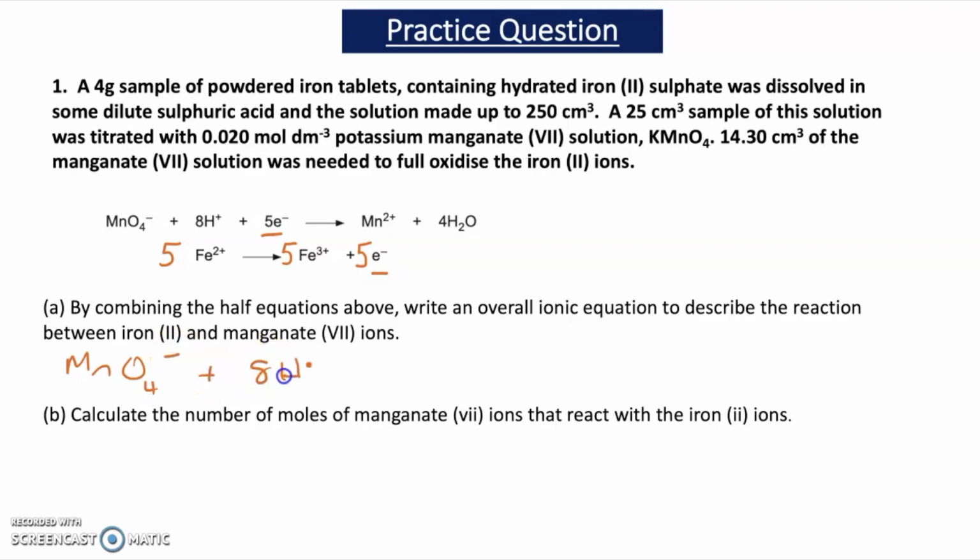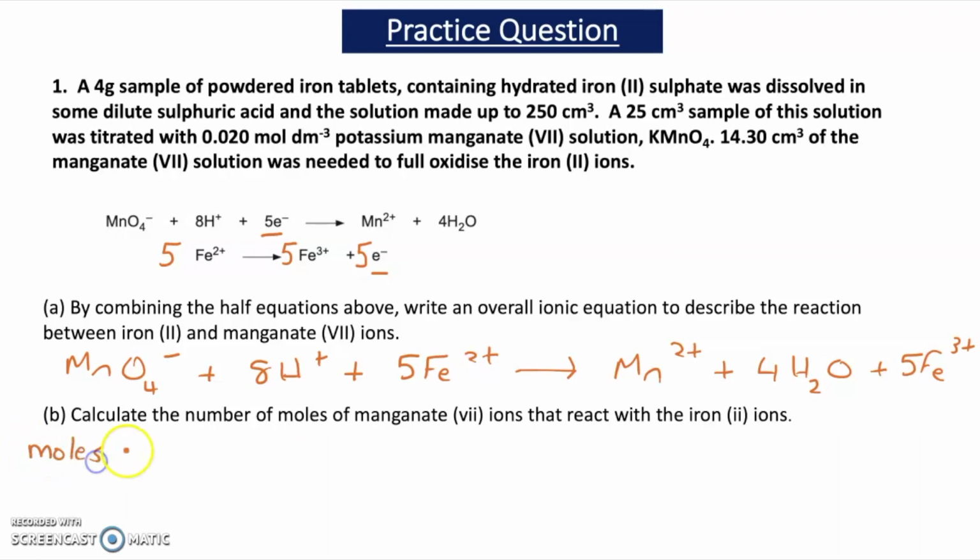So it will be MnO4⁻ + 8H⁺ + 5Fe²⁺ goes to Mn²⁺ + 4H2O + 5Fe³⁺. Now this overall equation will be very important to us when we attempt the calculation because it tells us the ratio of MnO4⁻ to Fe²⁺.